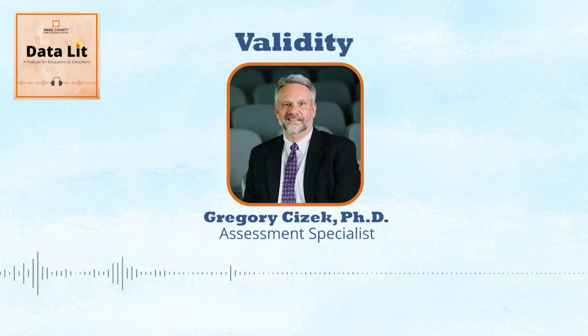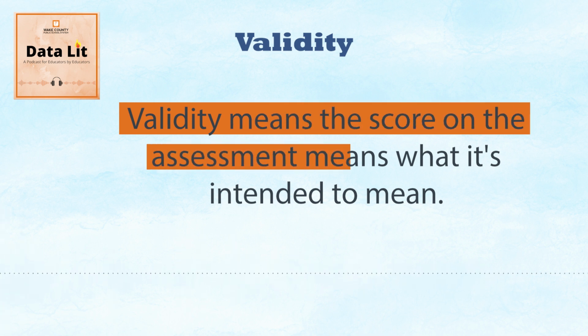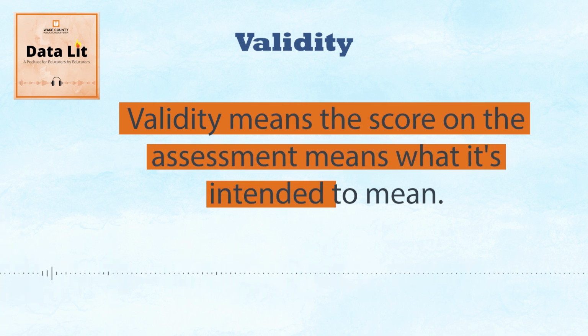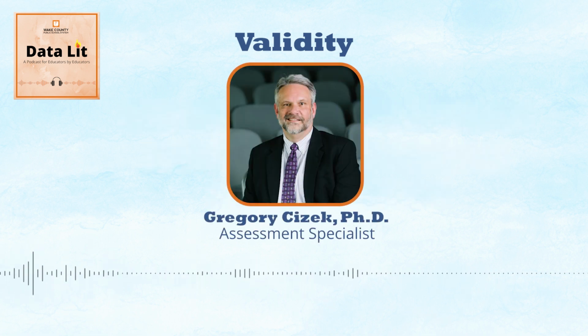The easiest definition of validity is that the score on the assessment means what it's intended to mean. If it's intended to mean my level of mathematical knowledge, it means that. It doesn't mean my level of English language proficiency. It doesn't mean my reading comprehension skill.